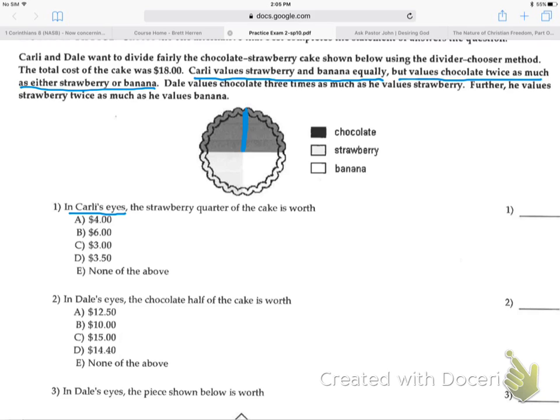So strawberry and banana equal, X and X. Chocolate twice as much, 2X, 2X. Make sense? Twice as much.